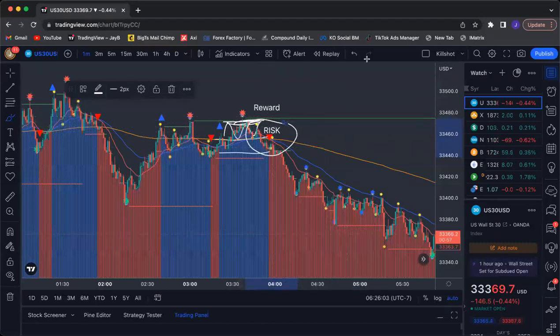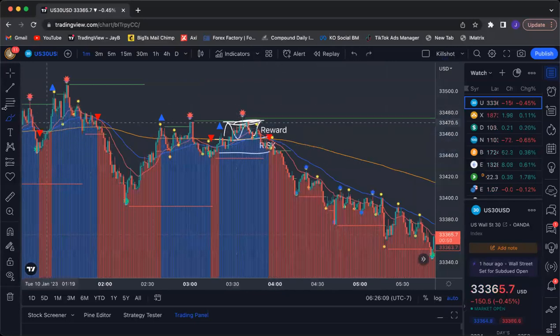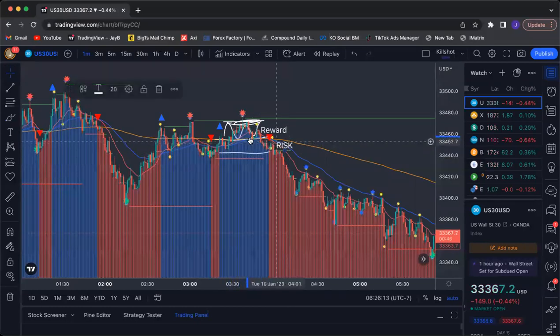So if you can shift, okay, I'm just going to go back a bit here. If you can shift your entries just slightly, so that your risk area doesn't become where the chart is, right?